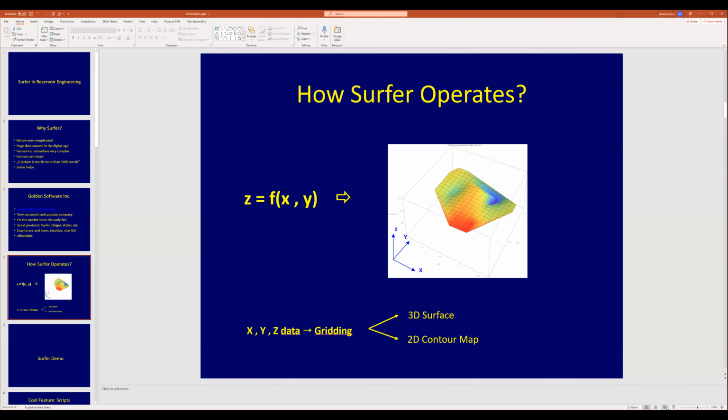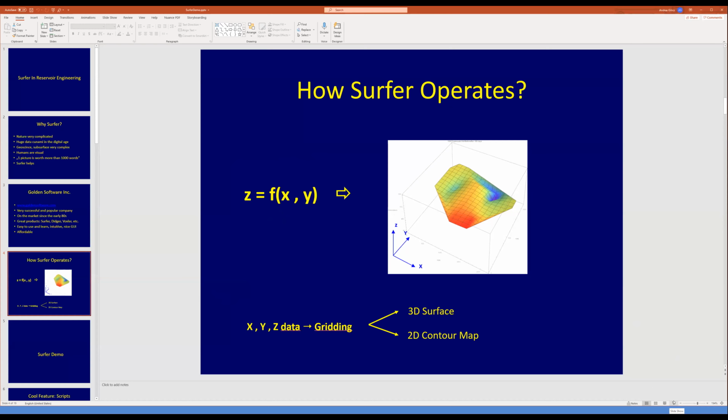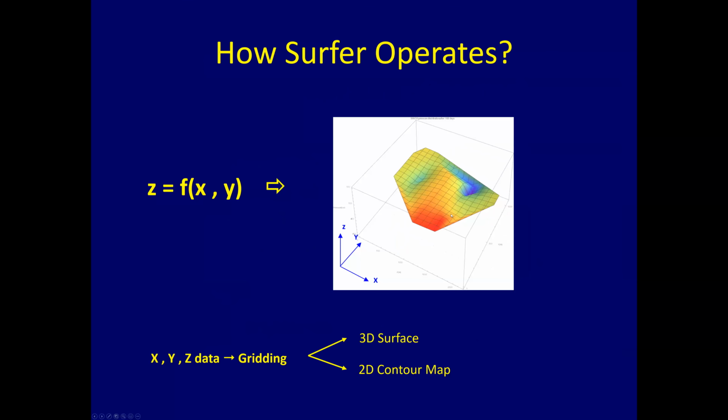What is SURFER based on, how does SURFER actually work? You know from mathematics, if you have a function of two variables, and you can express the third coordinate as a function of x, y variables, then this can be represented as a surface, right? So probably this is the origin of SURFER's name. For example, here on the right side, you can see a pressure surface.